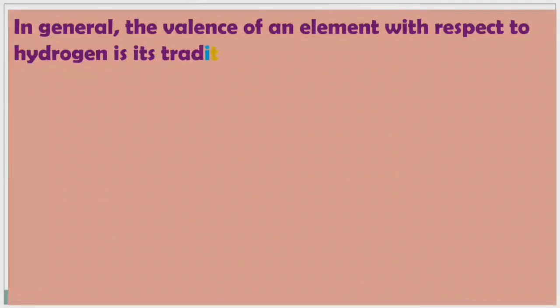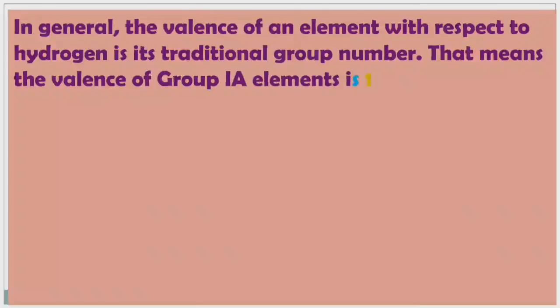In general, the valence of an element with respect to hydrogen is the traditional group number. That means the valence of first A group elements is 1 and the valence of second A group elements is 2. Valence of third A group elements is 3. Valence of fourth A group elements is 4.